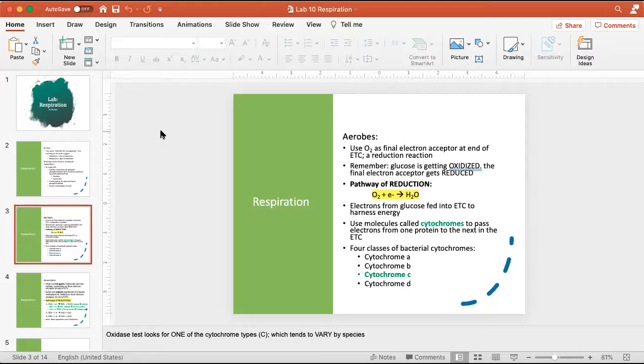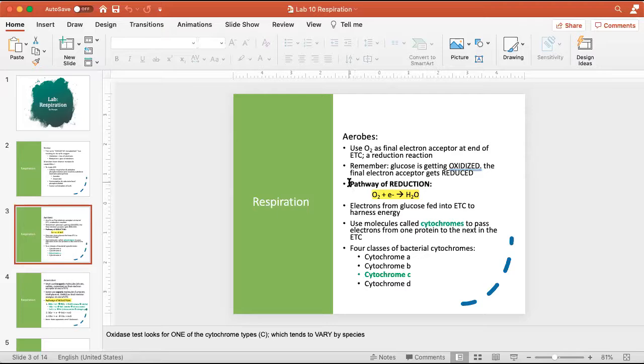So the glucose gets oxidized because it's losing all of the electrons that used to create those covalent bonds. Remember, a covalent bond is a pair of shared electrons between two atoms. When the bond gets broken, the electrons are released and they are lost to that molecule. Something else is going to receive those electrons, and that something else is going to get reduced.